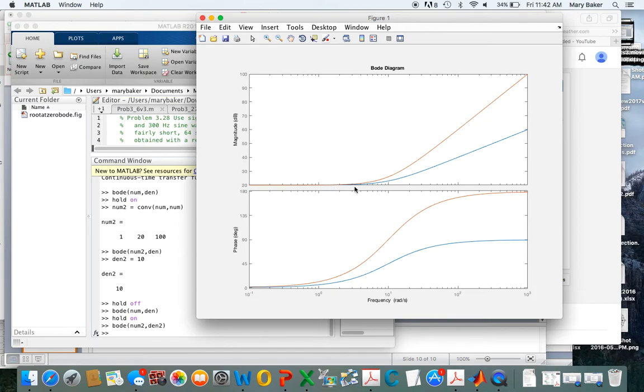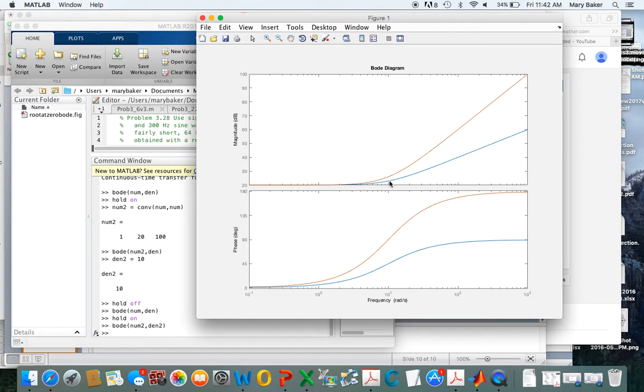But the point I want to make is this is your first order, your s plus 10. This is your s plus 10 squared, and you see the slope in this change region is much steeper. Now, I want you to visualize a line here at 3 dB, which is our cutoff for our first order filter.